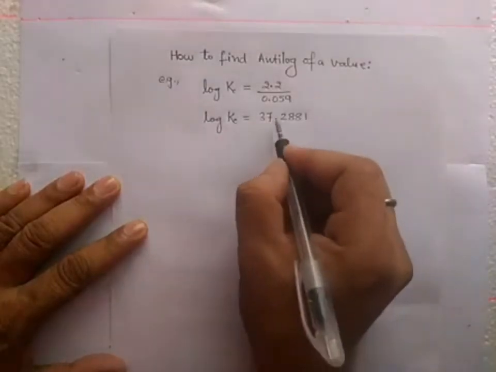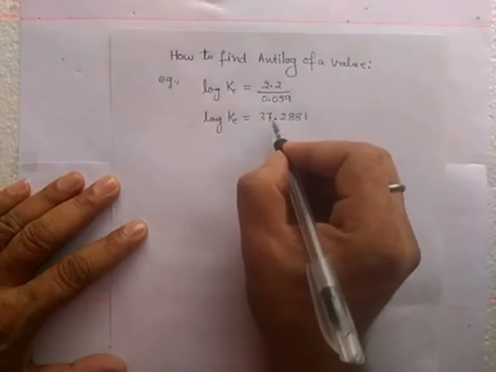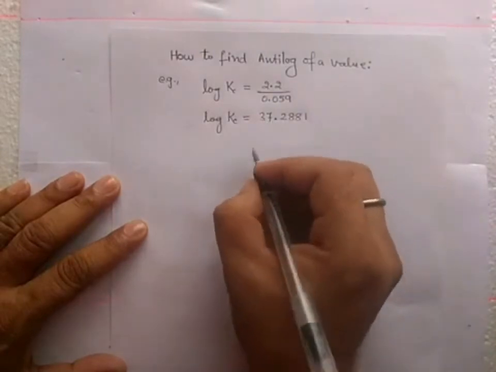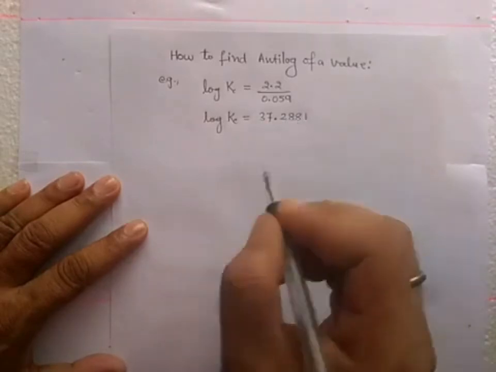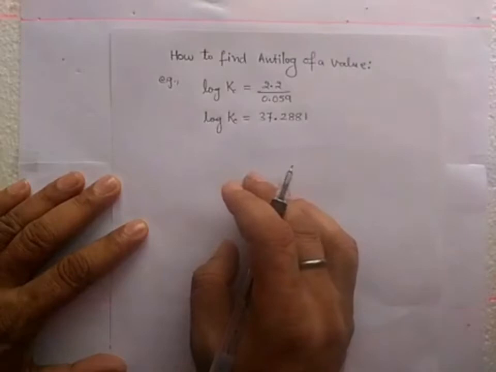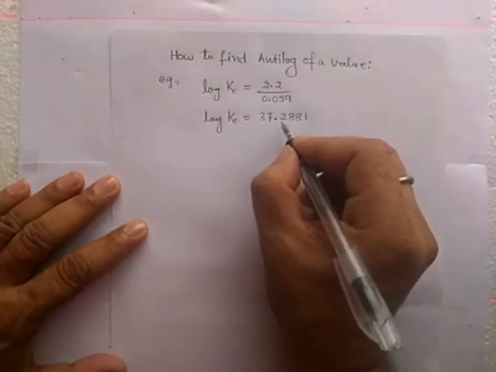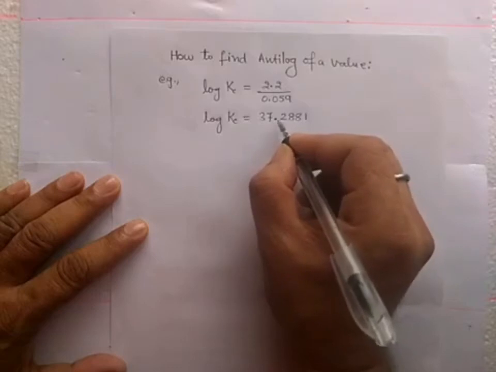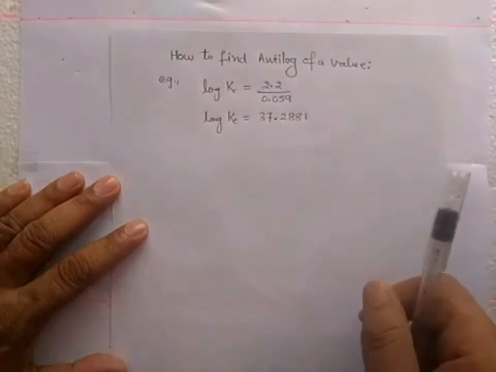For this, the value left to the decimal will be taken as power. So for example, let's find the value for this 0.2881. Now we have to look for the anti-log table in which there will be value for 0.2881.